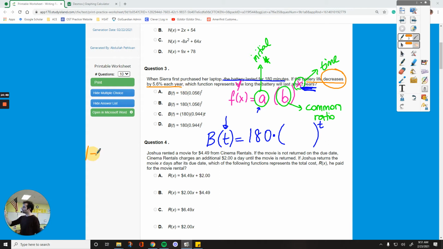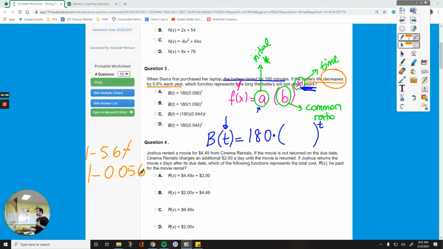If you put just 1 minus 5.6%, that's not going to make sense. You got to convert that 5.6% into decimal. So 1 minus, if you convert that 5.6% into decimal, you got to move the point to the left 2 times. So 0.056. That's what you need.